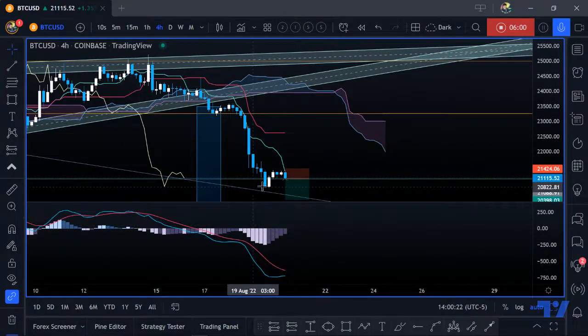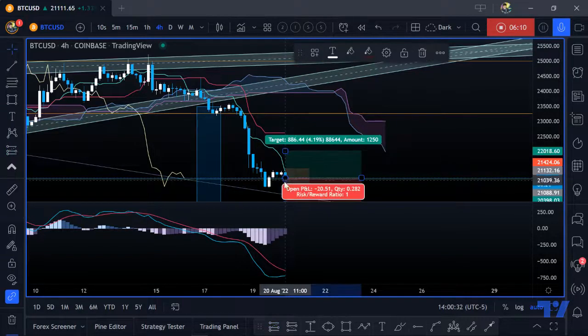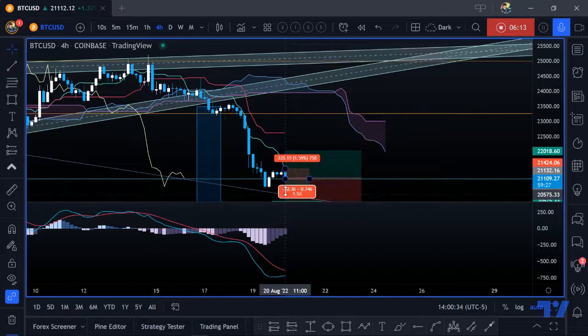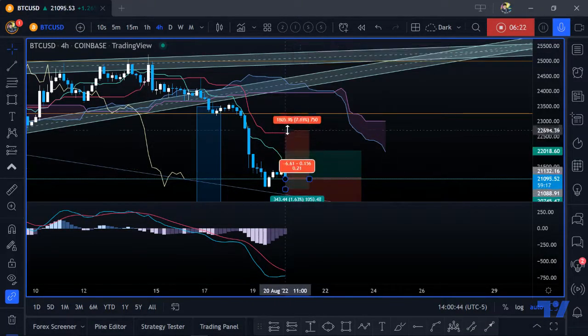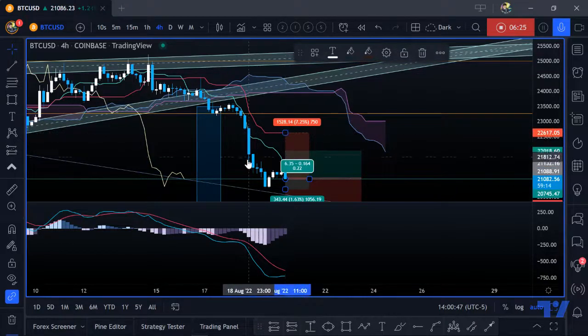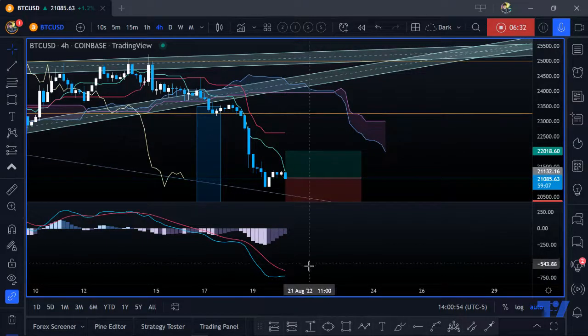If you want to place a long trade on Bitcoin, maybe what I will do is, at market price, set this trade with a stop loss slightly below this latest low, and target Kijun-sen. I think that was not the right one. This one.